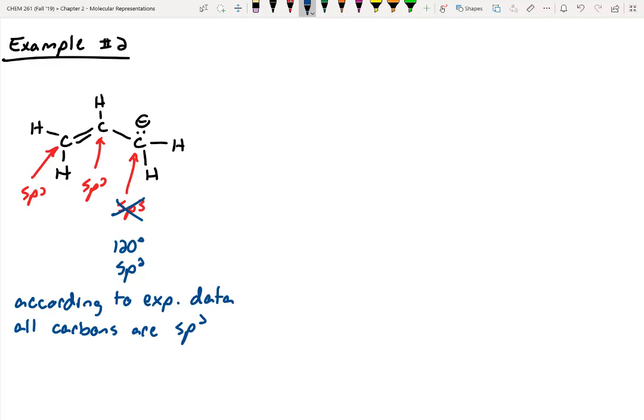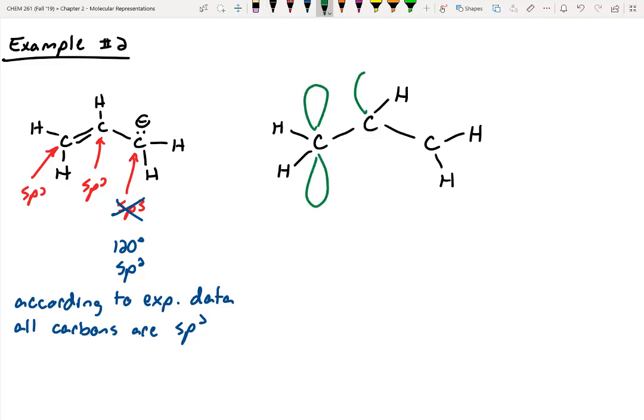So let's try to take the orbital picture and figure out why this is not sp3 and why it is sp2. So same idea. I'll draw the backbone over here. Okay, if they're all sp2, it's going to look a lot like that molecule above that we were working on, because we know that sp2 hybridized atoms have p orbitals that are left over, right?